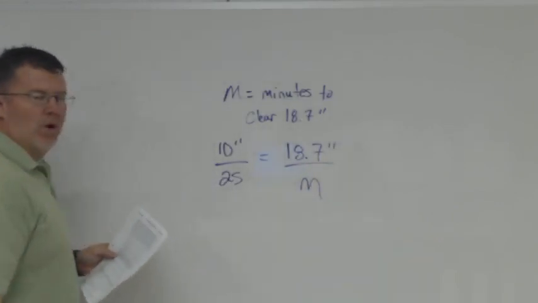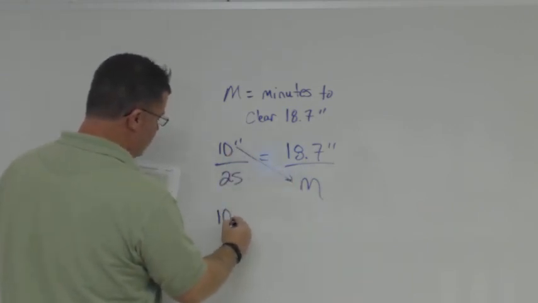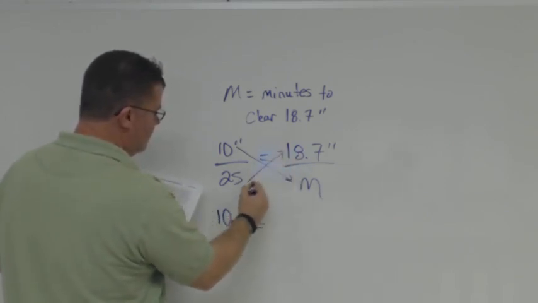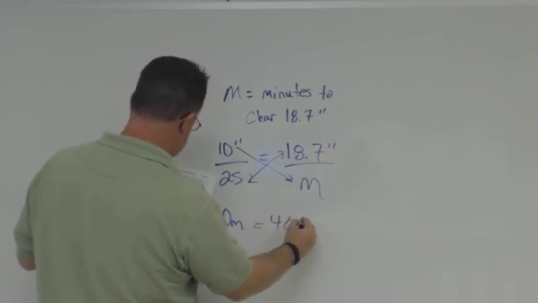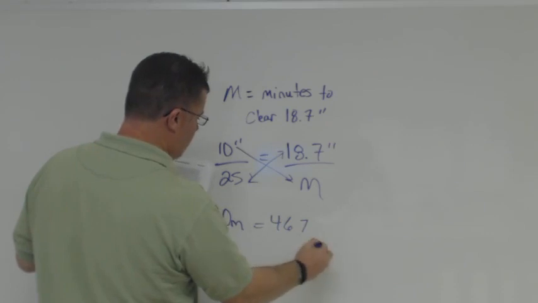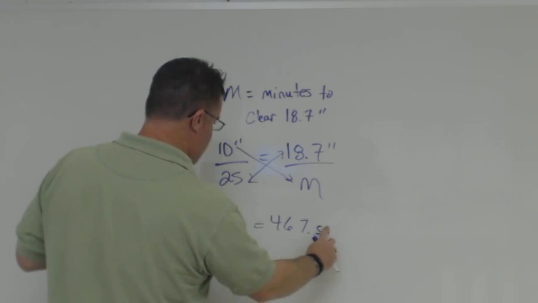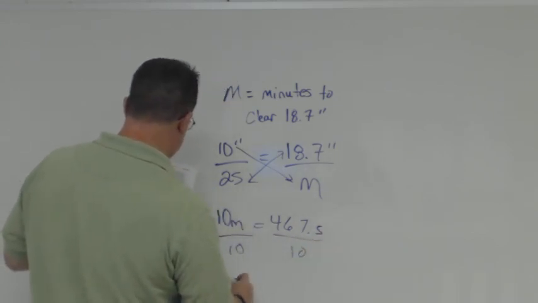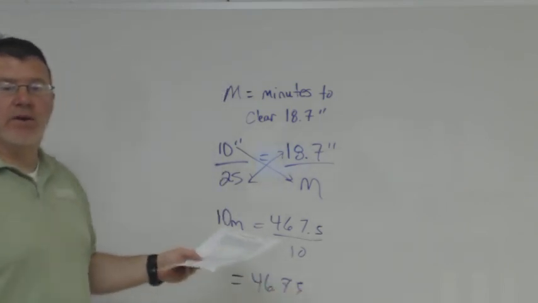So M for the minutes. So cross multiply, we have 10M equals the 25 times the 18.7, which gives me 467.5, and then I divide by 10. It's going to give me 46.75, and I round it off to 47 minutes.